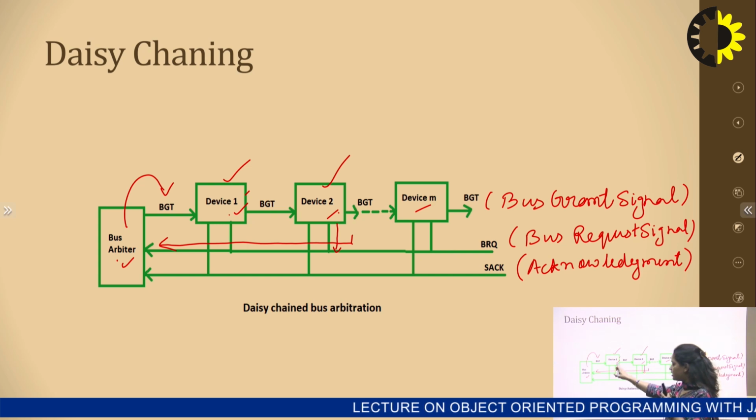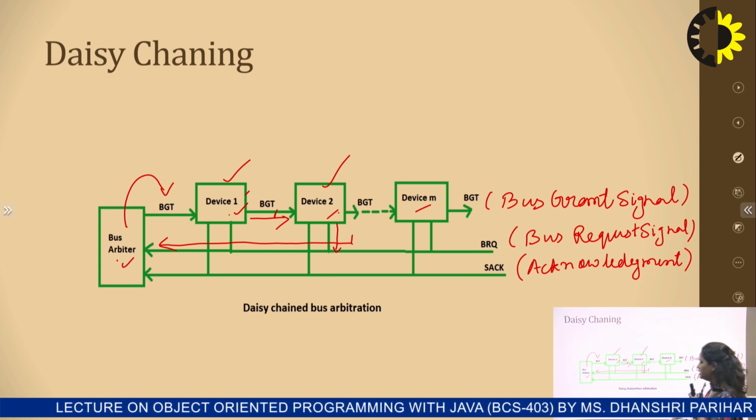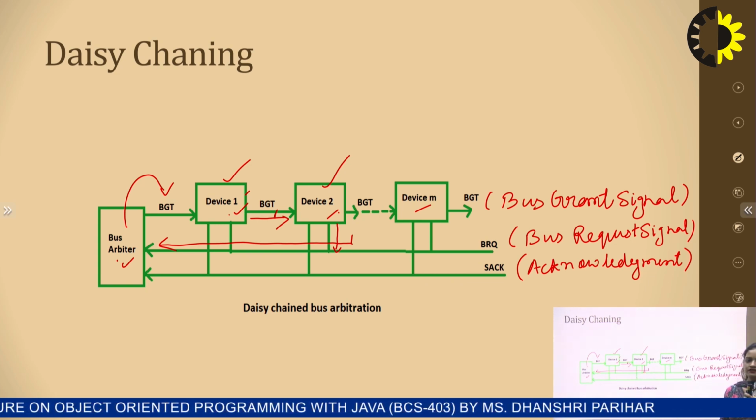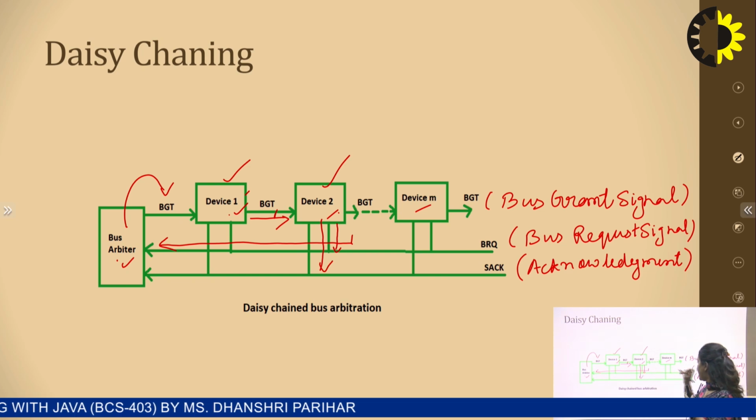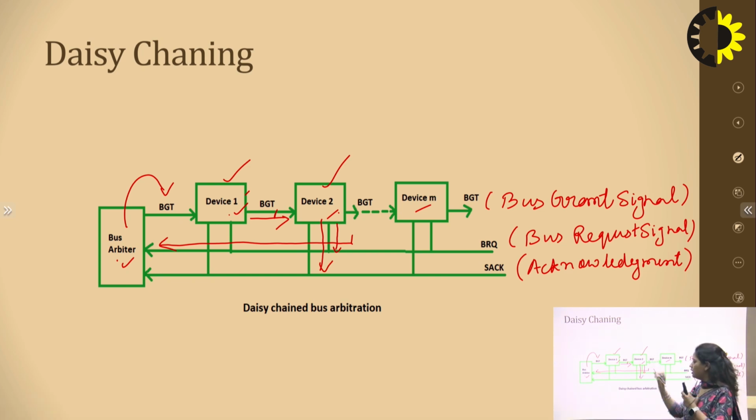If it doesn't require control of the buses, it will transfer the signal to the next device and make its value 1, and device 2 will get the bus grant signal. It will then activate the corresponding acknowledgement line to show that control of the buses will be obtained by device 2, and this acknowledgement is given to the bus arbitrator.